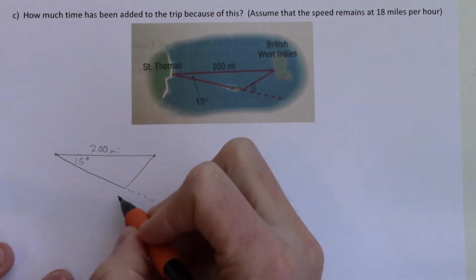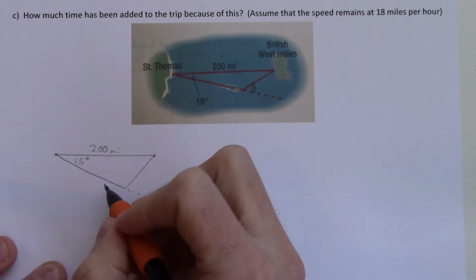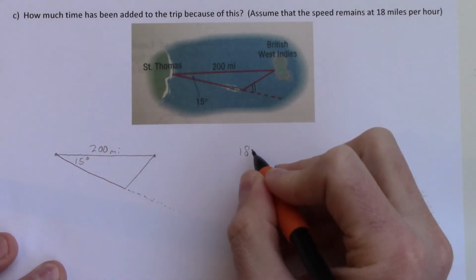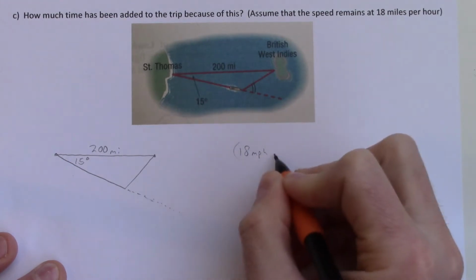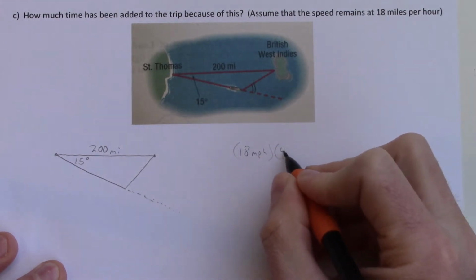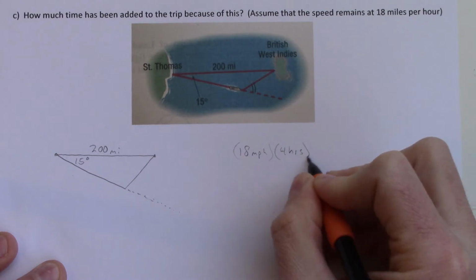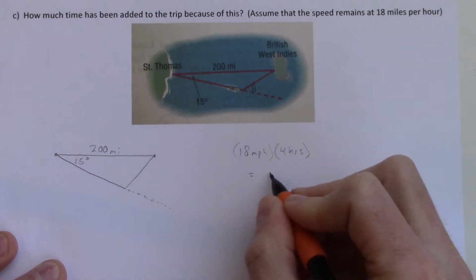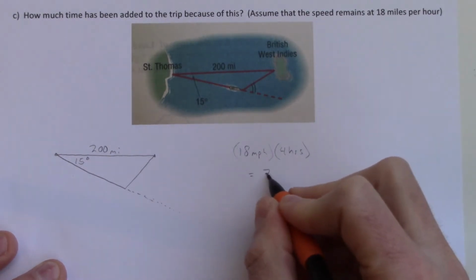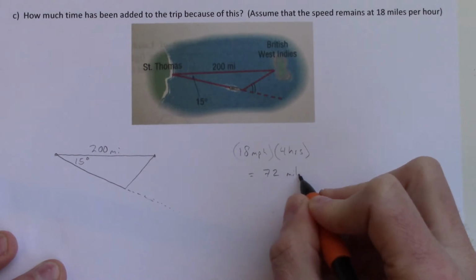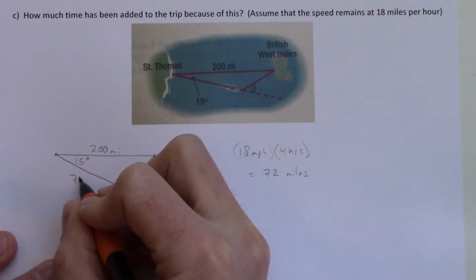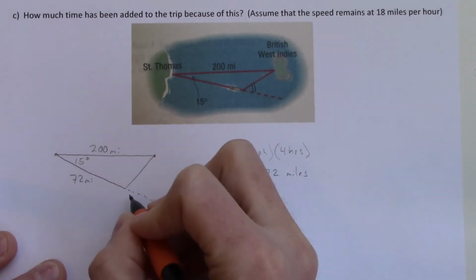That's a little bit off. To figure out this distance, we're just going to take the 18 miles per hour and multiply it times however many hours it was, which is 4. Then the hours units will cancel, and you will get 72 miles. So that part you need. 72 miles is how far it traveled.